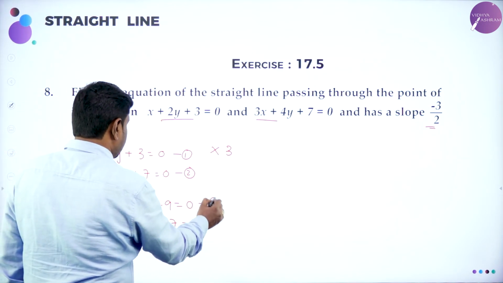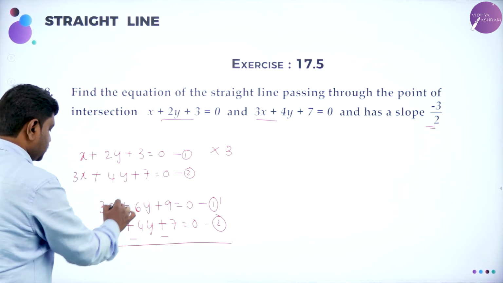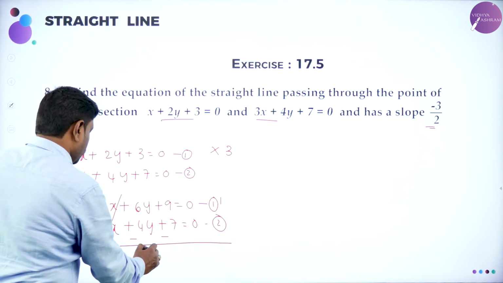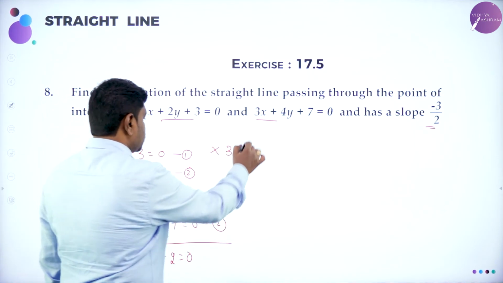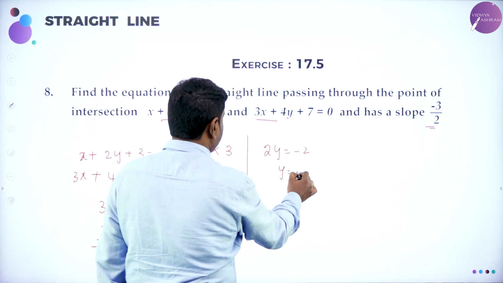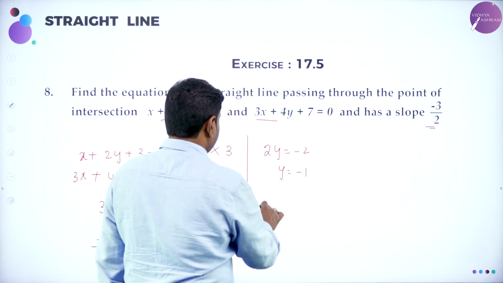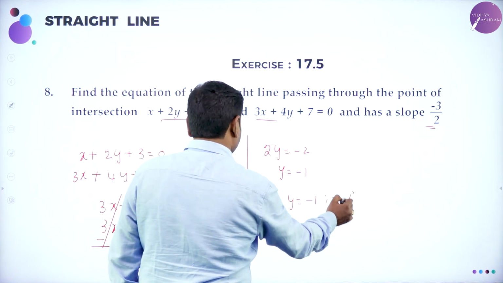Second line we have 3x plus 4y plus 7 equal to 0. So we call this 1 dash and we call this 2. Subtract them. When you subtract, sign changes, 3x cancels. It will be 2y plus 2 is equal to 0, and simplify this. So 2y becomes minus 2 and y becomes minus 1. So you got y. Put y is equal to minus 1 in equation 1.